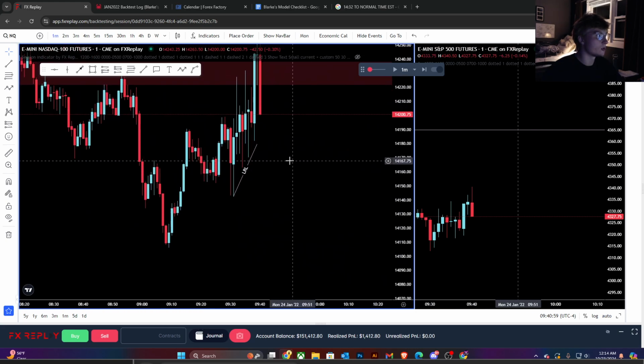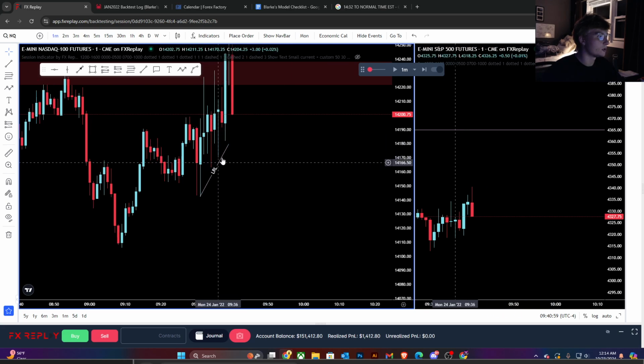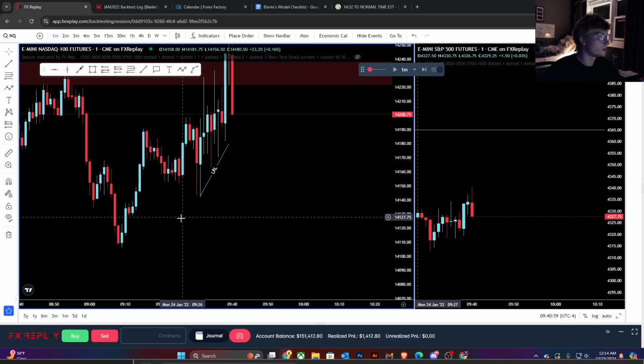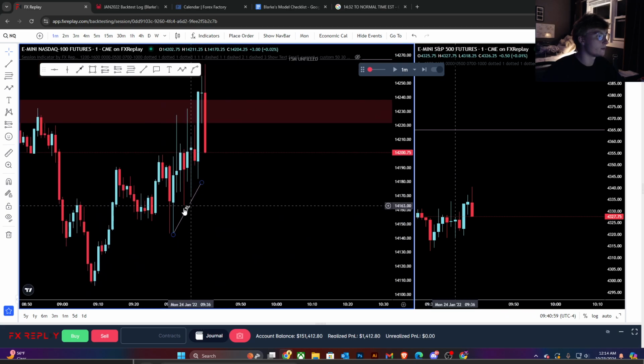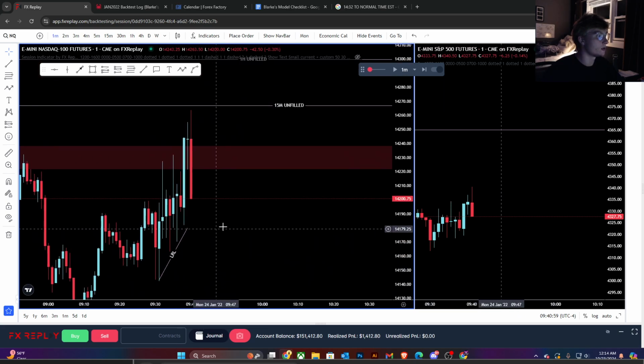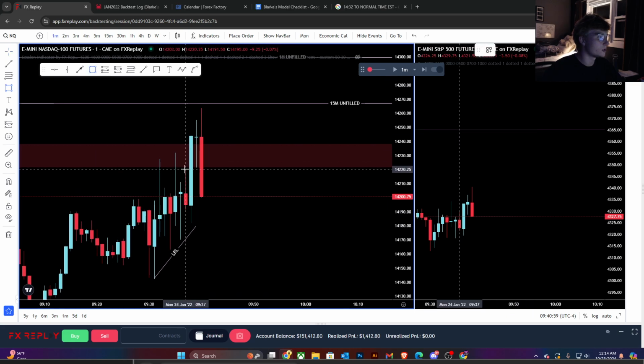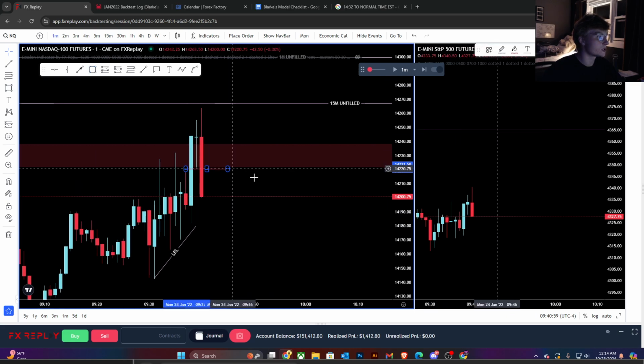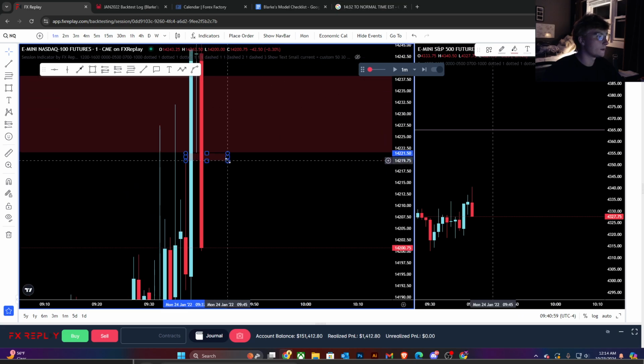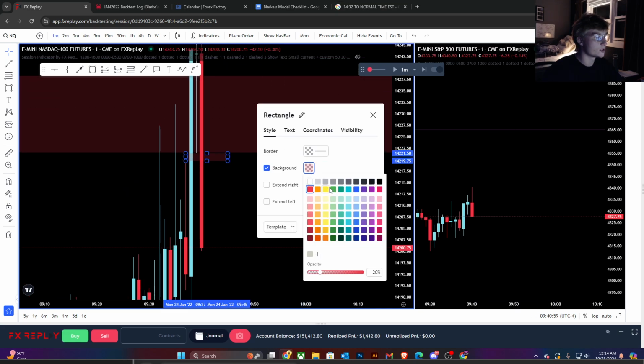If there was equal lows here, I would try it, but there's no equal lows, so I'm not gonna take it. I don't like just targeting that LR. There is this 1 minute inversion, small low 1 minute inversion here.